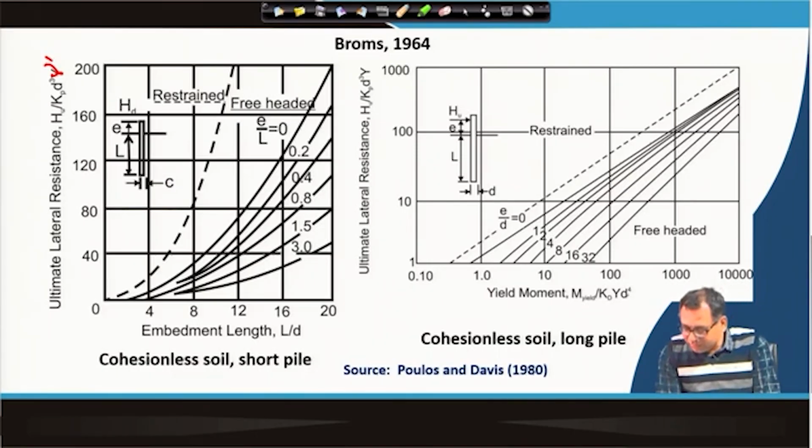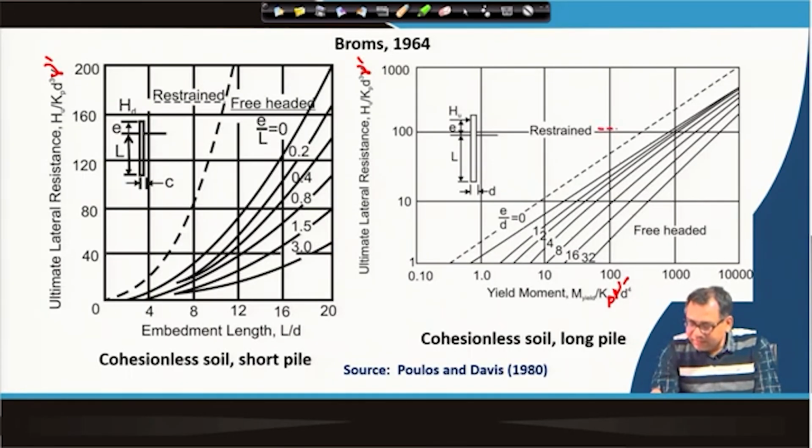Here also we should know the Kp value, this is not the Kd, this is the Kp. Okay. So, Kp d to the power 4. So, here also I will get HU by Kp d cube gamma dash.